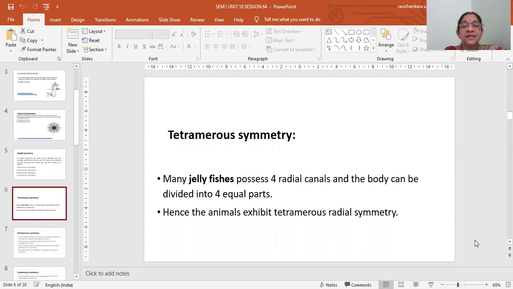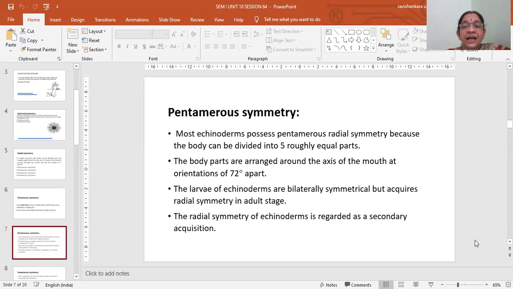Tetramerous radial symmetry is observed in jellyfishes, which have four radial canals, and the body can be divided into four equal parts. Hence, the animal exhibits tetramerous symmetry. Pentamerous means echinoderms have five radiating arms and they have pentagonal shape.